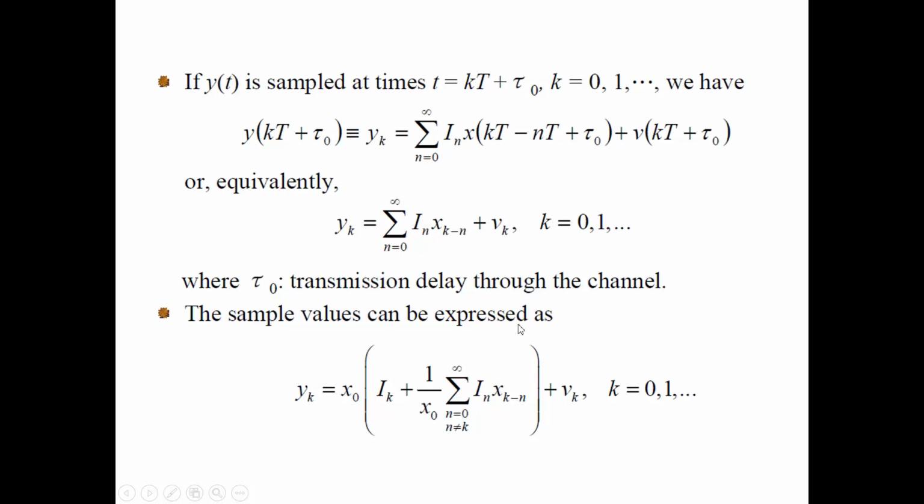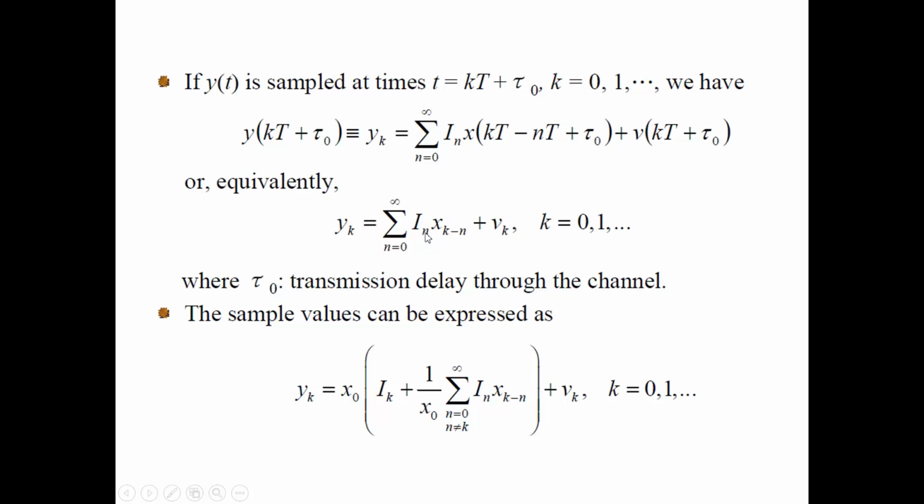The sample values can be expressed as, now this is the expression that we get after the sampler. What we will do is separate out the value corresponding to k equal to n. So when k is equal to n, x will become x_0. So we will take x_0 out, and the second term we will divide by x_0. What term will we get?